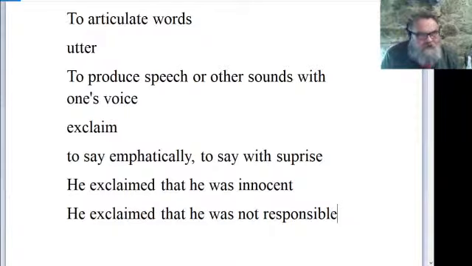Could you give me a sentence with exclaim when you're ready? So to exclaim with surprise, he exclaimed that he never thought he would win the lottery after winning £1 million. Yeah, so to exclaim, to say with surprise, would you please work this weekend?